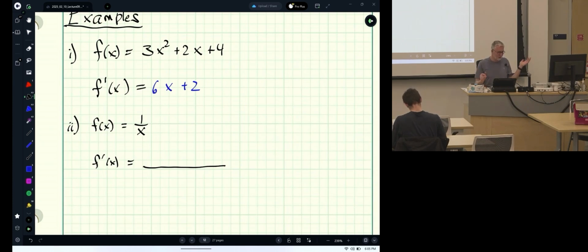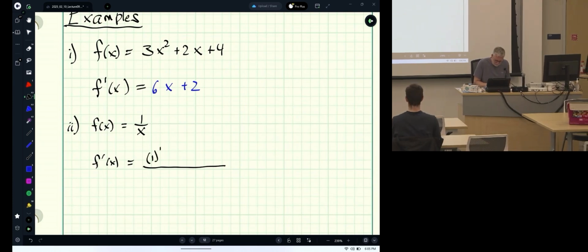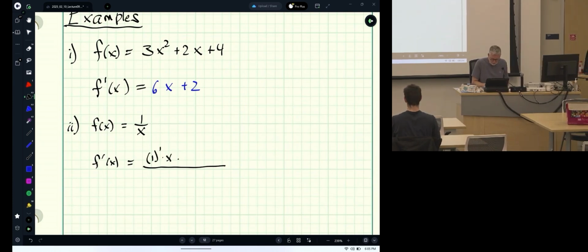Okay, so if you're doing it with the quotient rule, it's the derivative of the numerator times the denominator minus the numerator times the derivative of the denominator over the denominator squared. So that's the quotient rule. Okay, so that's 0. That becomes 1.